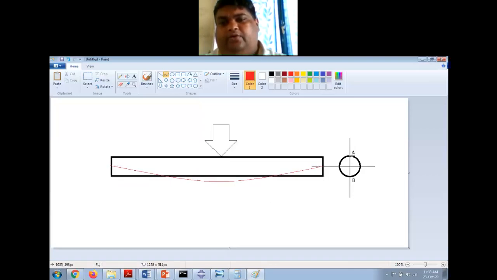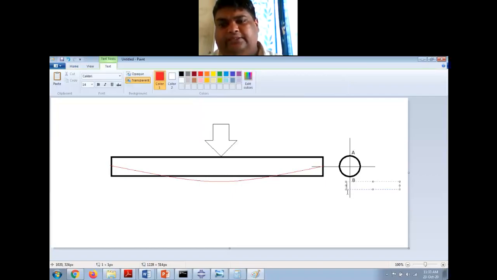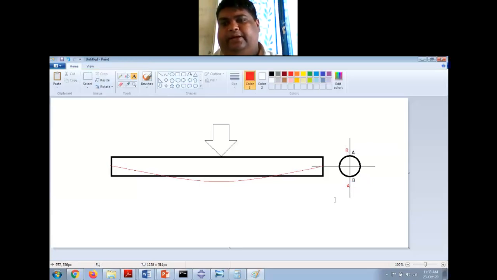Now, when the shaft is rotated by half revolution, that is, A has come down here, the new position of A is here, and B has gone up there, right?